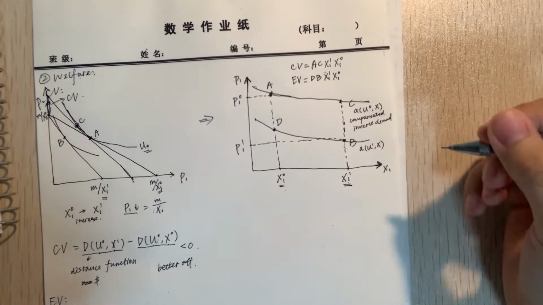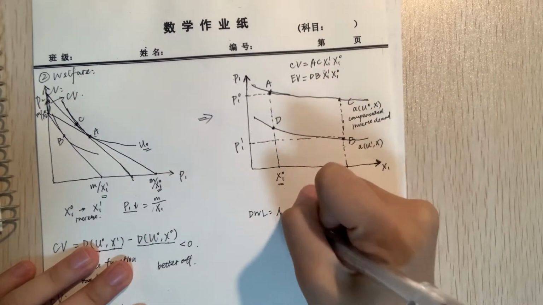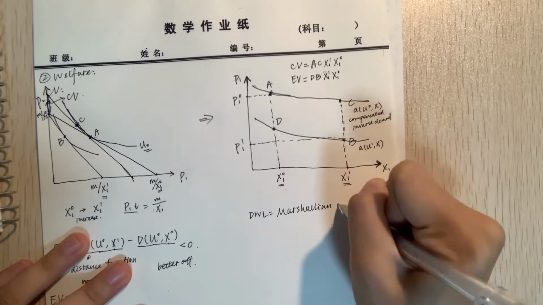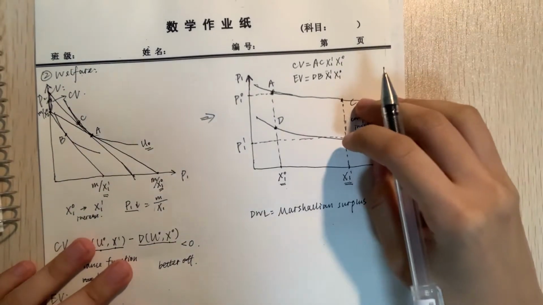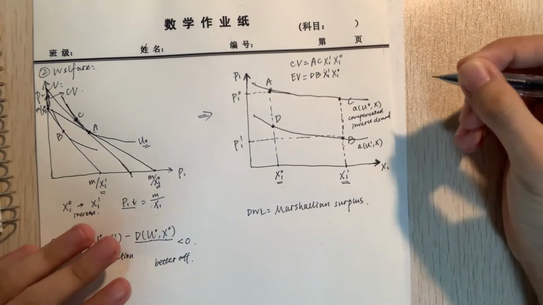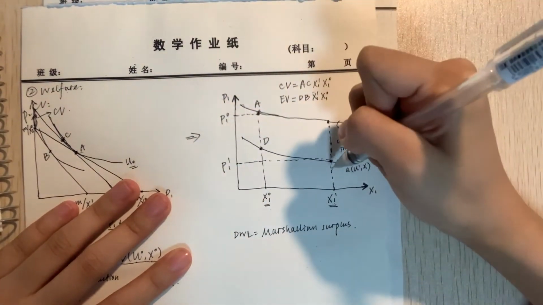Let's talk about another thing, deadweight loss, or should I put it Marshallian surplus. This is simply an uncompensated situation where no compensation is happening, meaning the demand curve goes through A and B, right?